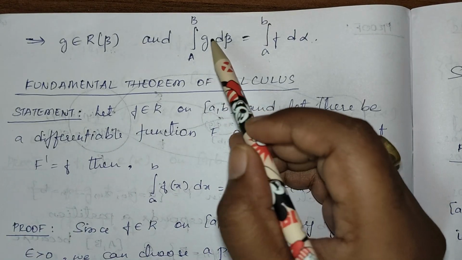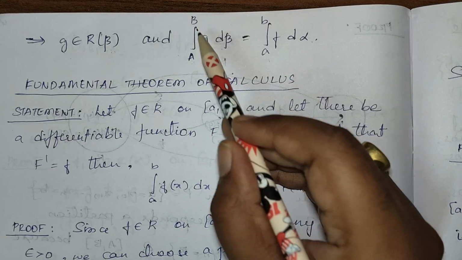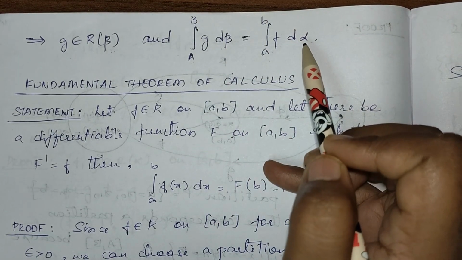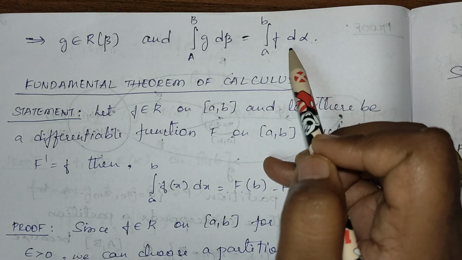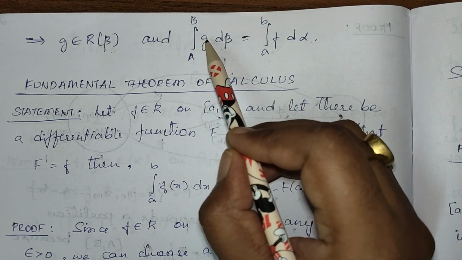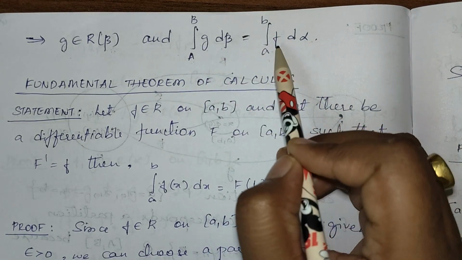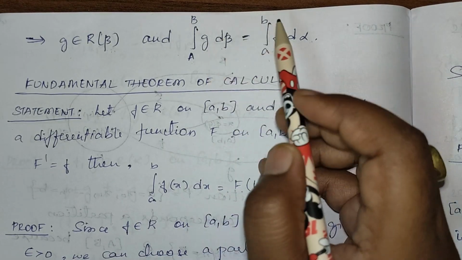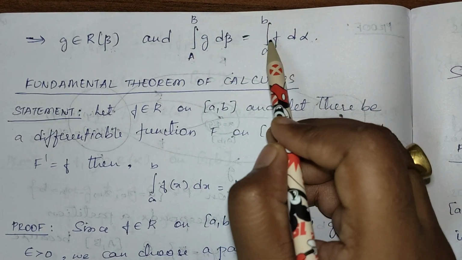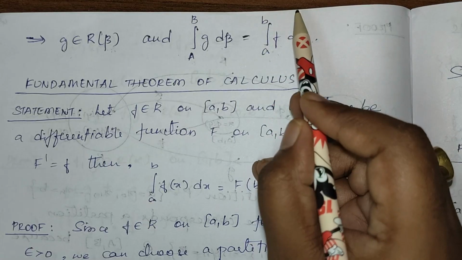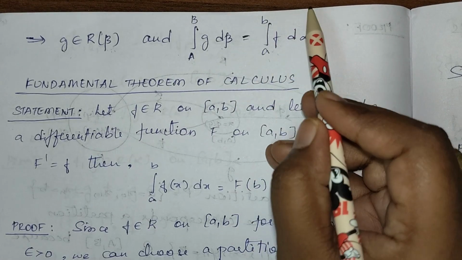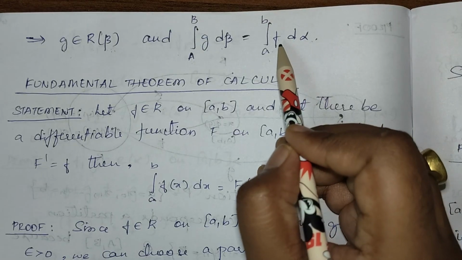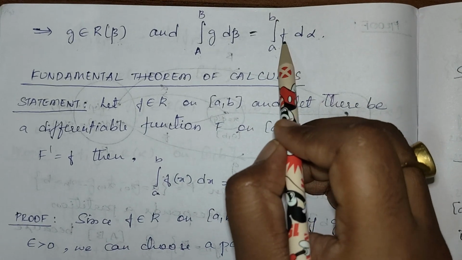And also we can write integral a to b g d beta is equal to integral a to b f d alpha. Why? Because we have upper sum of f equal to upper sum of g, and lower sum of f equal to lower sum of g. And what is this integral all about? If this is equal to its upper integral and this is equal to its lower integral, then we can write this as integral a to b f d alpha, or we can say f belongs to R of alpha.